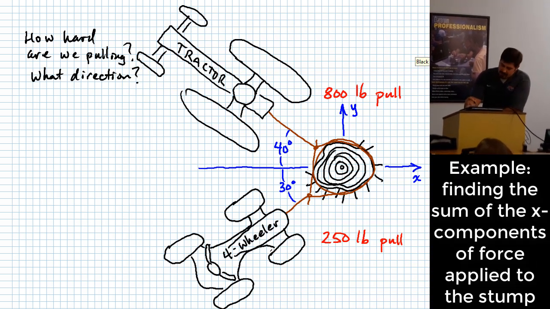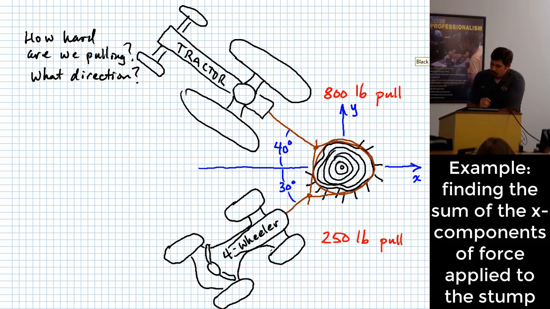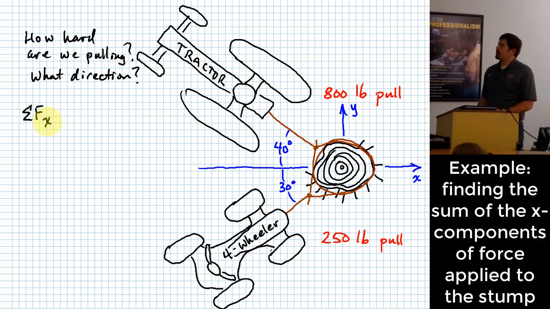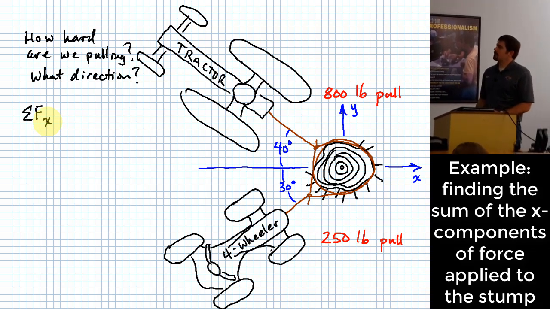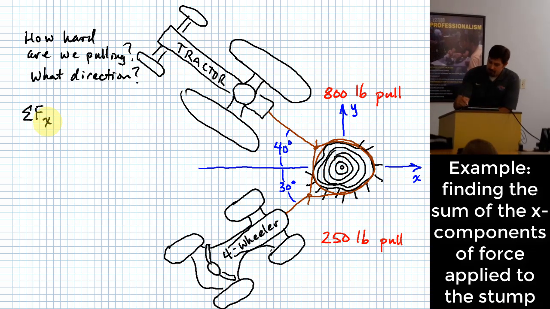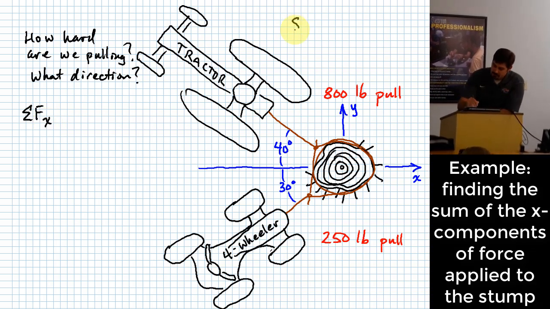First of all, let's find the sum of all of my components in the x direction. How do I do that? We need some trig functions. So, SOH CAH TOA.